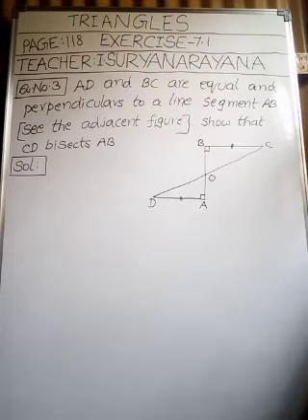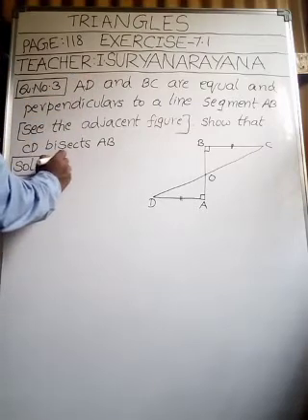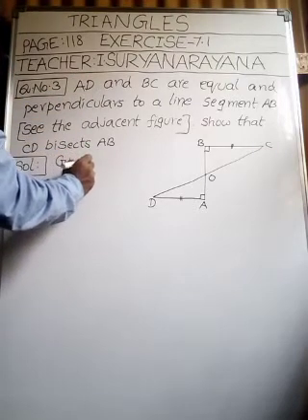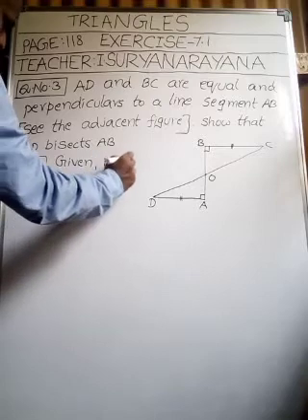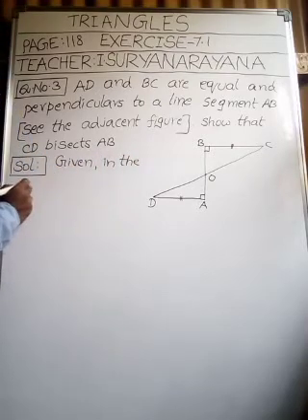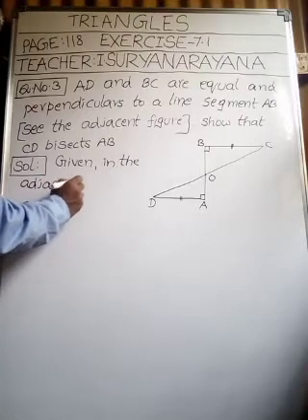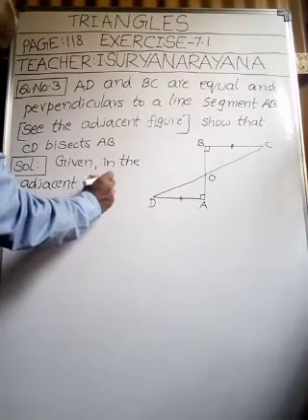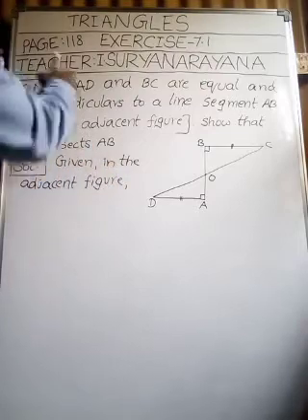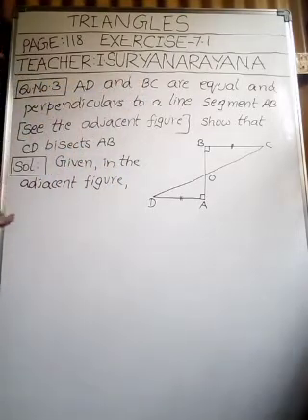Now come to the solution part. Let us write the given data first. In the adjacent figure, what is given? AD and BC are equal.